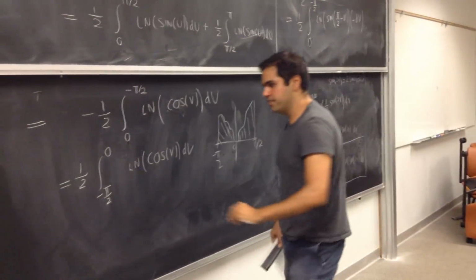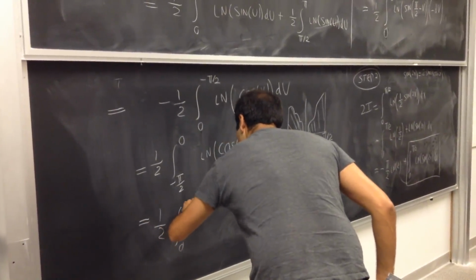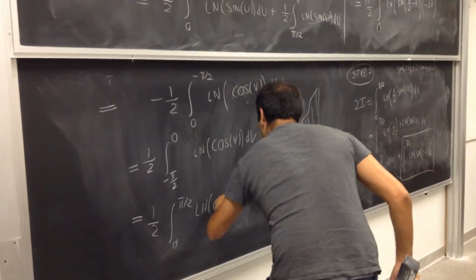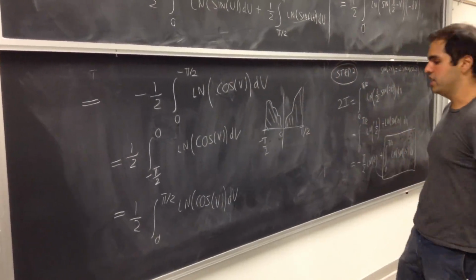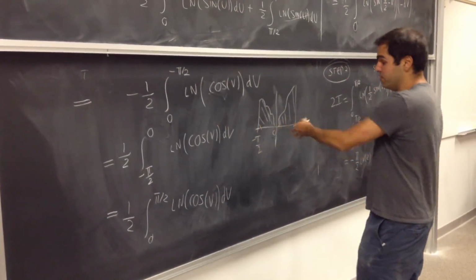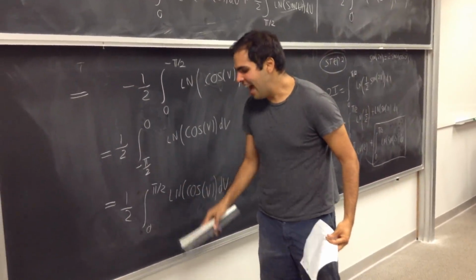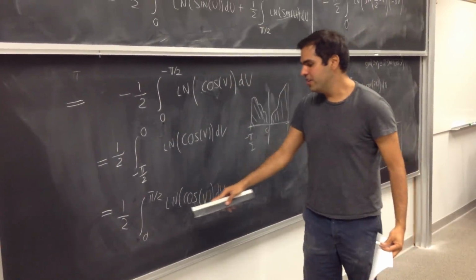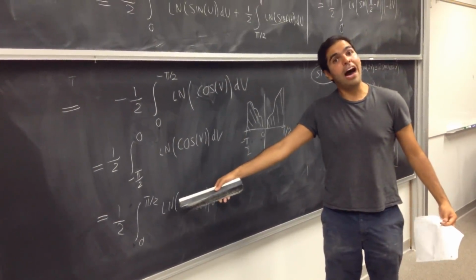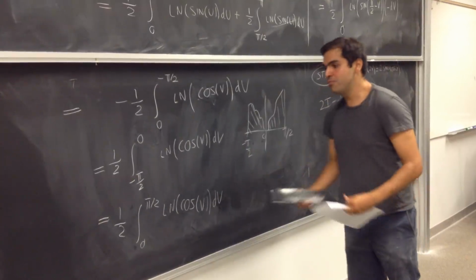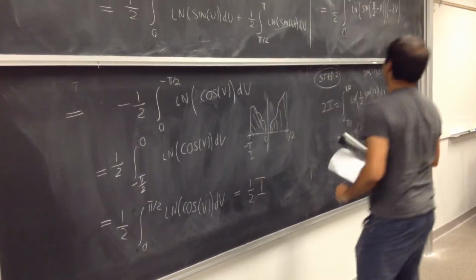So in fact, this integral becomes 1/2 integral from 0 to pi over 2 of ln of cosine of v dv. If you're not convinced, you can do yet another change of variable, w is minus v, and you get the same thing. But we said this is actually equal to I. It doesn't matter if you put cosine or sine. So we get 1/2 I.